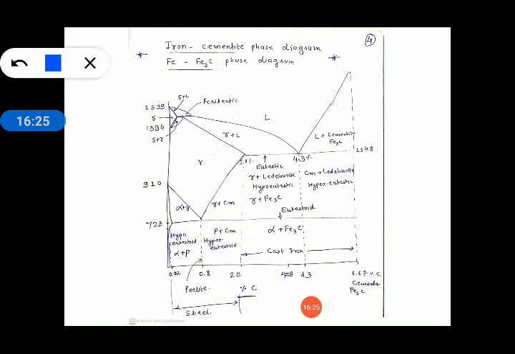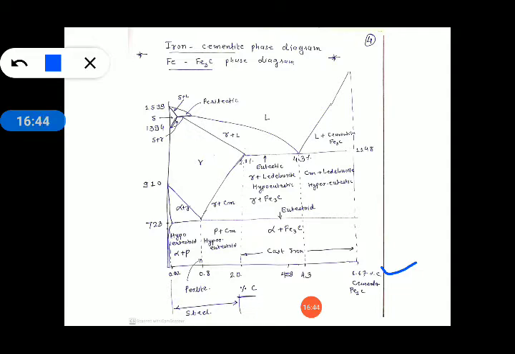The diagram does not go beyond this percentage. So 6.67% is the last stage, where Fe3C, known as cementite, forms.